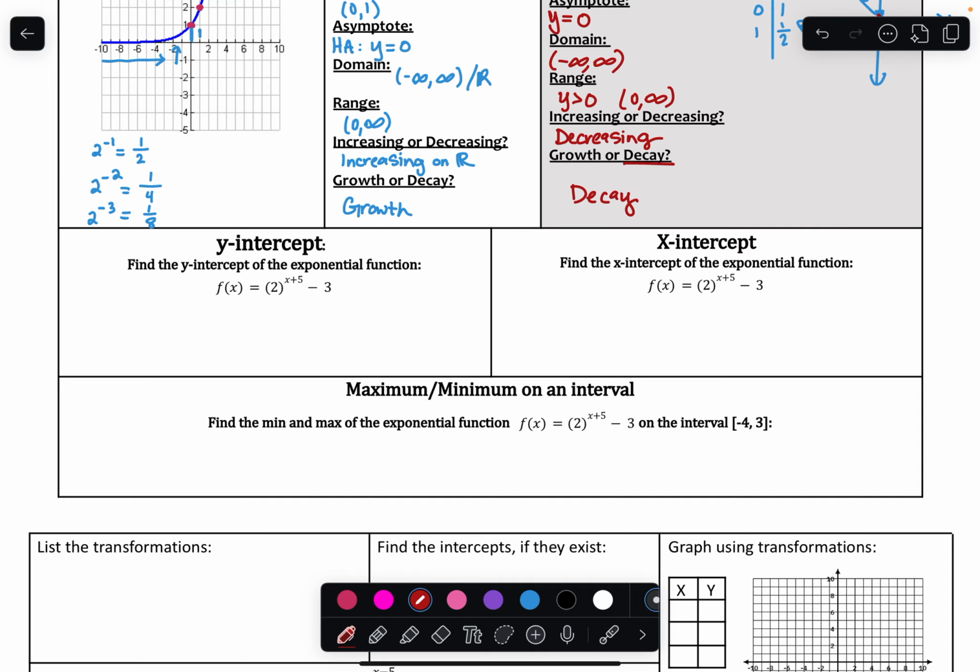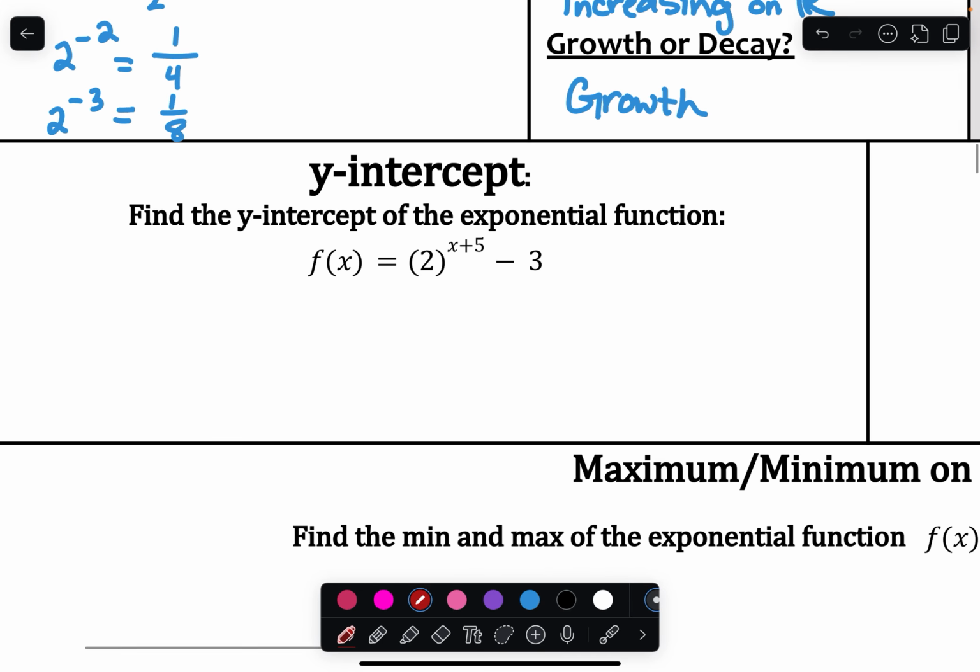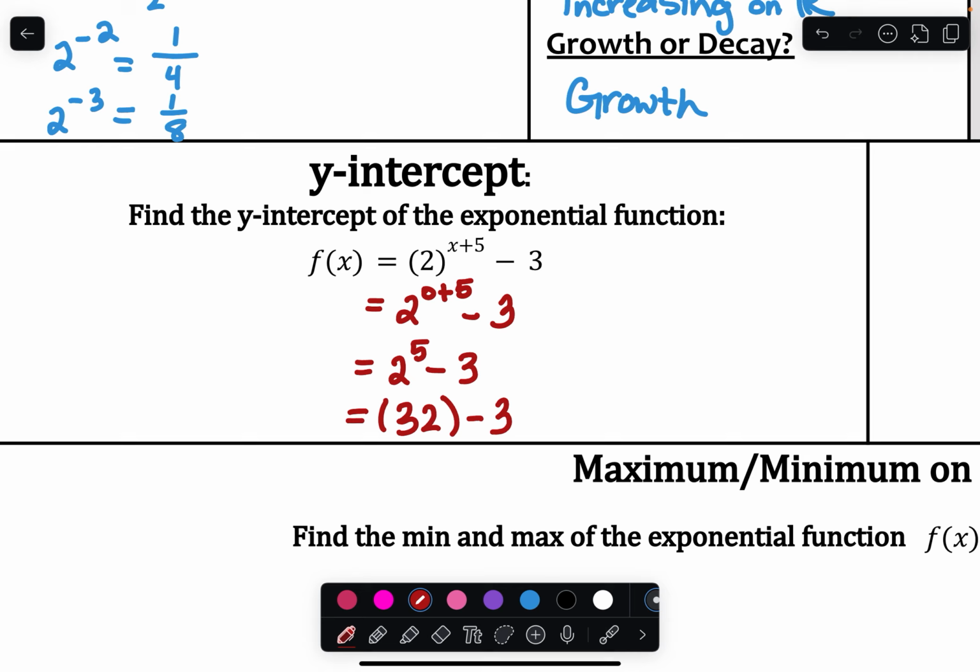All right, let's practice finding some key attributes of these functions. Y-intercept, to calculate that algebraically, we're going to plug in 0 for x. 0 plus 5 is 5. 2 to the 5th minus 3, that gives me 32 minus 3, which is 29.